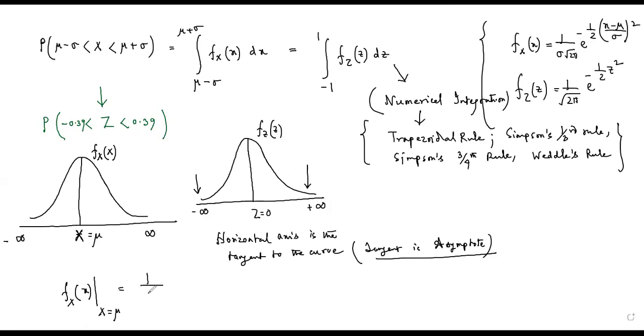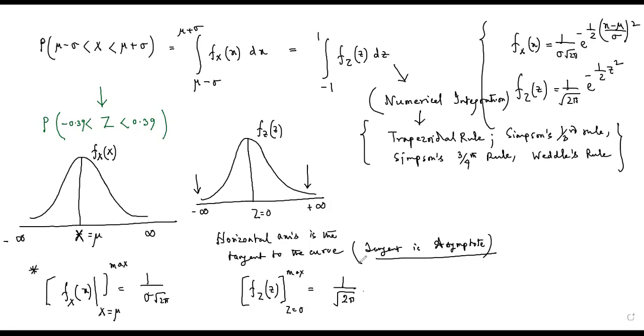So f(x) maximum would be 1 upon sigma root 2 pi, simply this, because you will put x equal to mu and e to the power 0 will become 1. And if it is the standard normal variable, then the maximum value will occur at z equal to 0, and the maximum value will be 1 upon root over 2 pi.